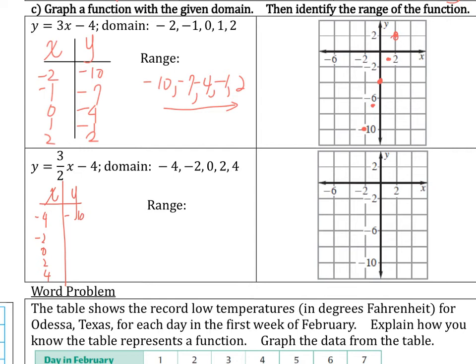When x is -2, your y value should be -7. When x is 0, your y value should be -4. When x is 2, your y value should be -1. When x is 4, your y value should be 2. And so I can list my range properly now.